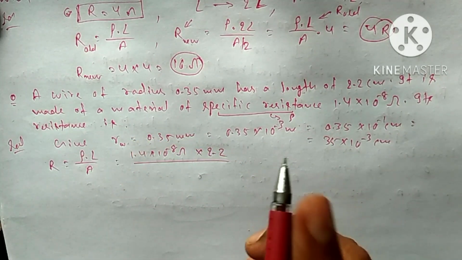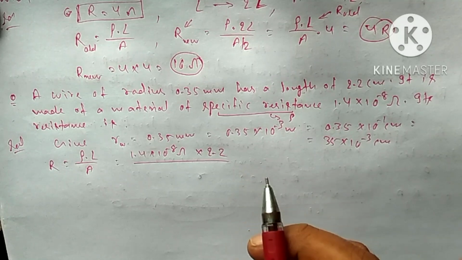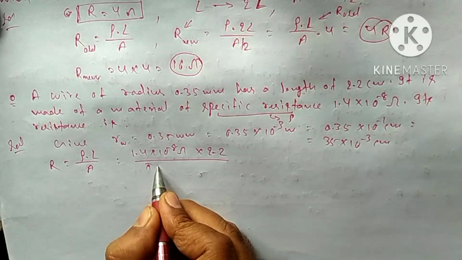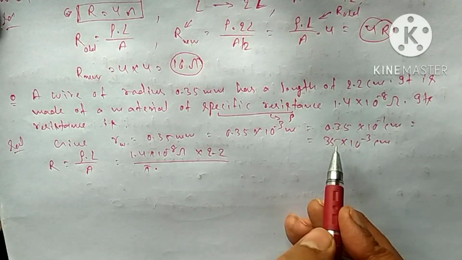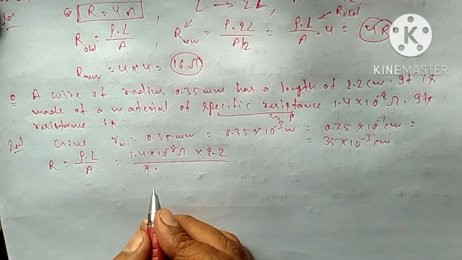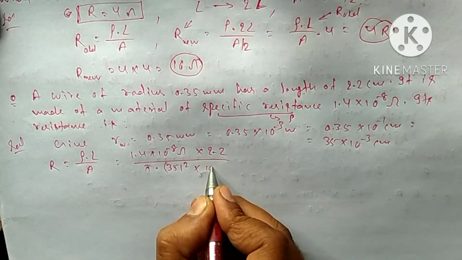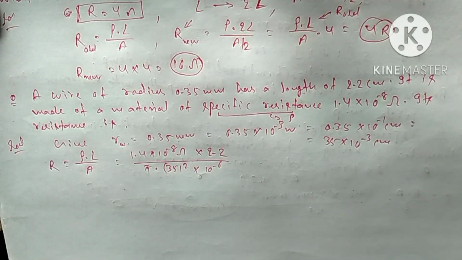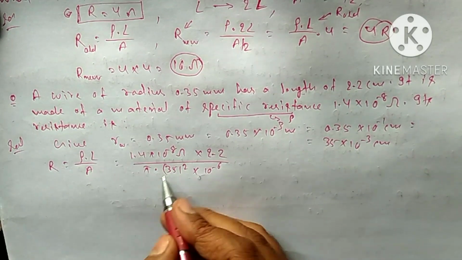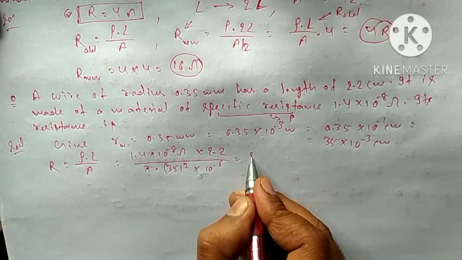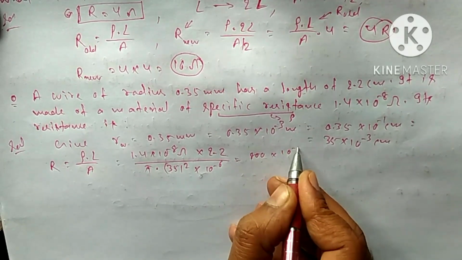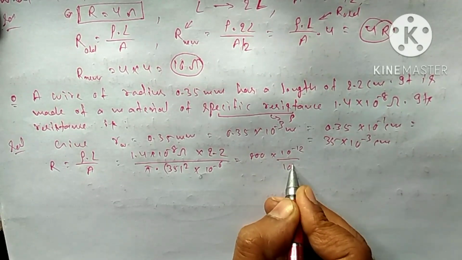So for the circular area we use the formula pi r square. R is 35 multiplied by 10 to the power minus 3 centimeter, so 35 squared and 10 to the power minus 6. After solving this numerical, we get 800 multiplied by 10 to the power minus 12 divided by 10 to the power minus 6.